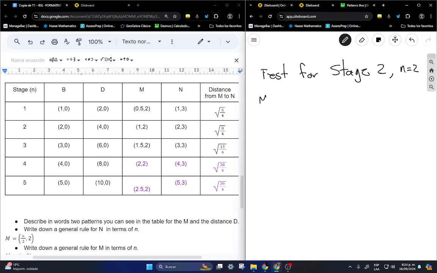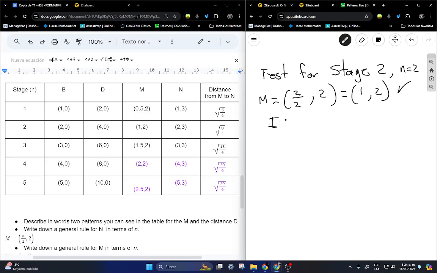So that means that n is 2. Okay, m. Let's take the general rule of m and replace n with 2. So it's 2 over 2, comma 2. But 2 over 2 is 1. 1, comma 2. It works. Don't forget to write it with words.